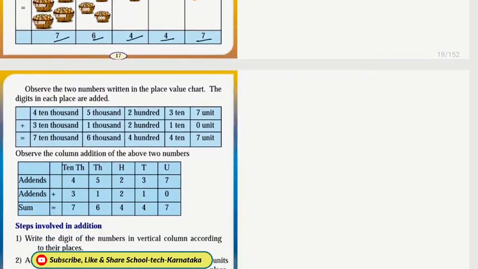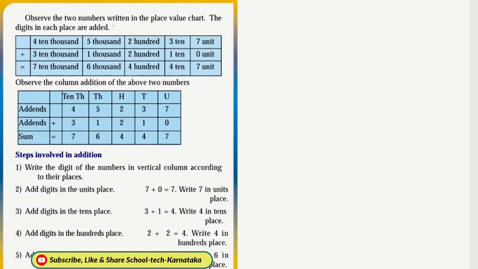Here observe the two numbers written in the place value chart. The digits in each place are added. That was 7 at the units place and 0 at the units place. When we add, we get 7. Similarly 3 at the tens place and 1 at tens place.